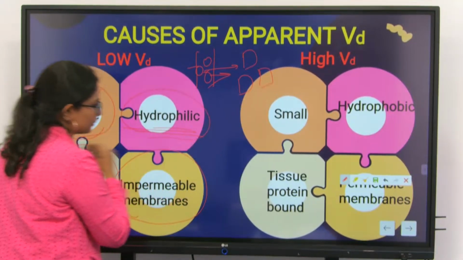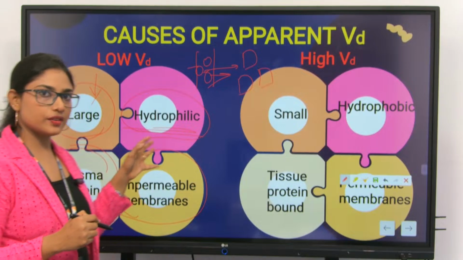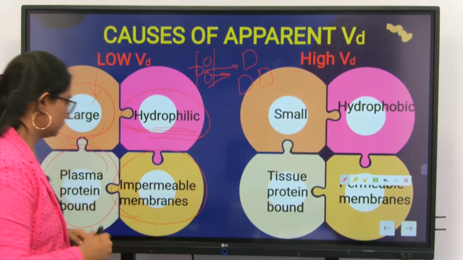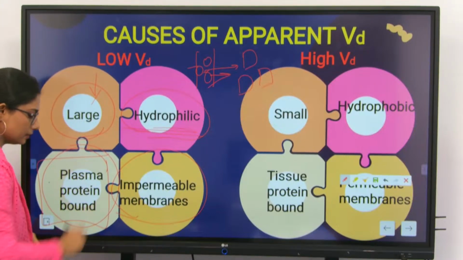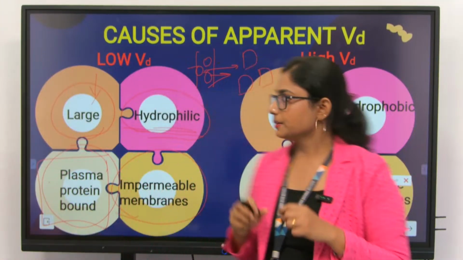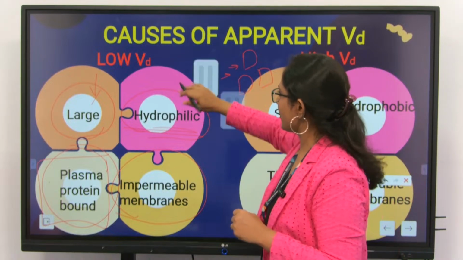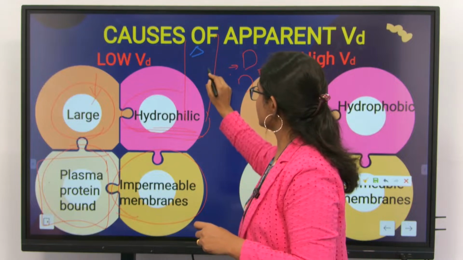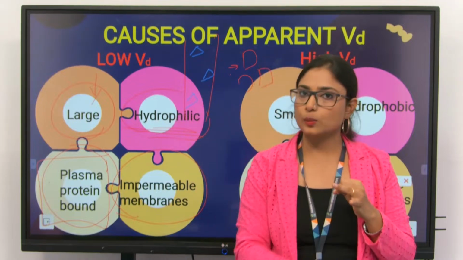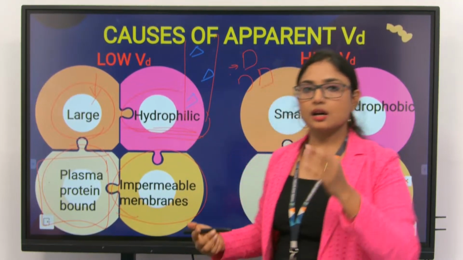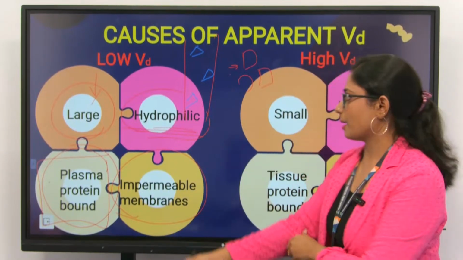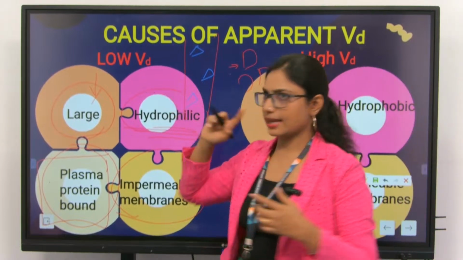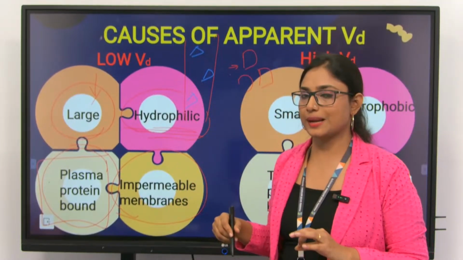If it is hydrophilic, as I have already explained, it cannot easily cross the cell membrane, which is highly lipophilic. Next, plasma protein. There are proteins inside the plasma, like albumin, globulin, and alpha-1 acid glycoprotein. Some drugs, for example sulfur drugs, are highly plasma protein bound.